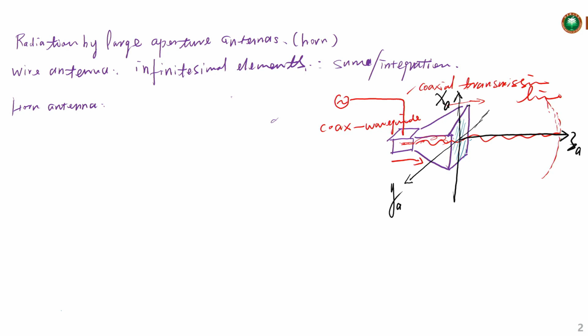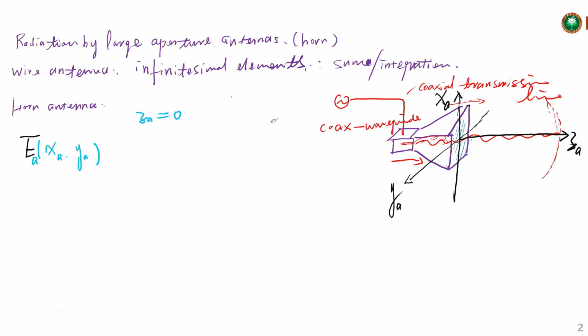So the electric field on the plane of the aperture can be expressed as E_A(x_a, y_a), and there is no z_a dependence, because z_a is always equal to 0.